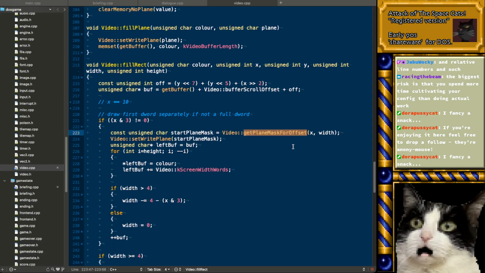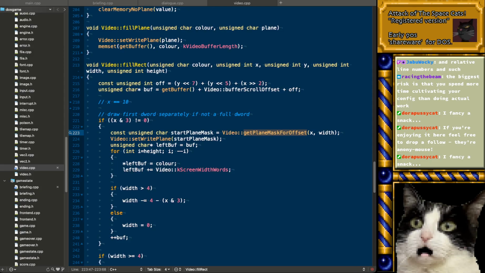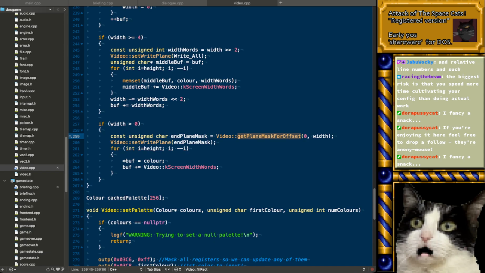Is it that that's broken? Where else are we using that? Because if this is the only place we're using it, it's probably that that's broken. This is the only place we're using it. Oh, no, it's not. Is it? Yeah, it is.